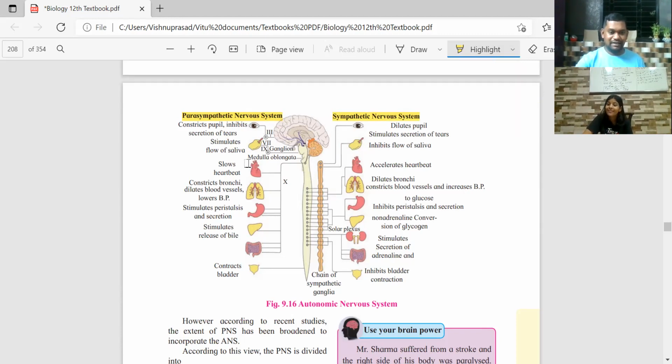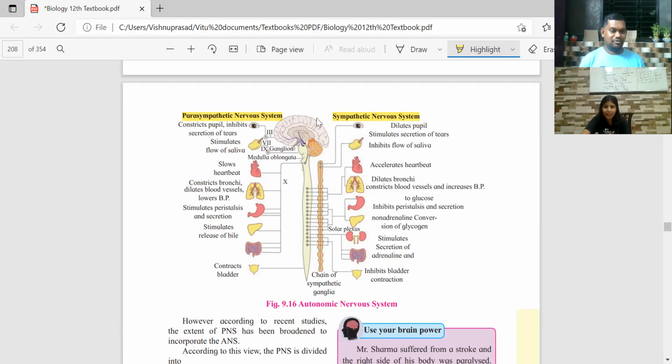From a normal state to an excited state is taken care of by the sympathetic nervous system. And from the excited state back to the normal state is done by the parasympathetic nervous system. Sometimes it is also necessary in life so that the survival efficiency of the organism is good.